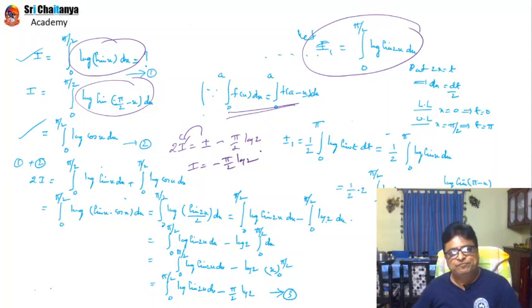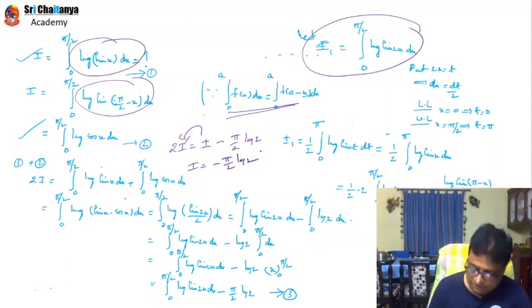So from this derivation, what we learned is that integration 0 to pi by 2 log sin x dx is equal to integration 0 to pi by 2 log cos x dx, which is equal to minus pi by 2 log 2.